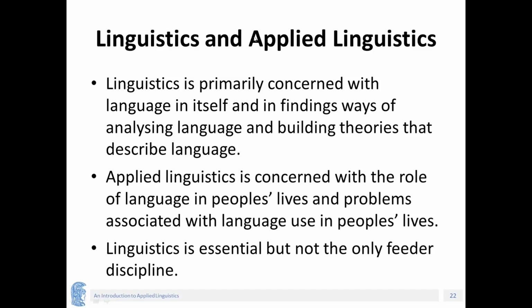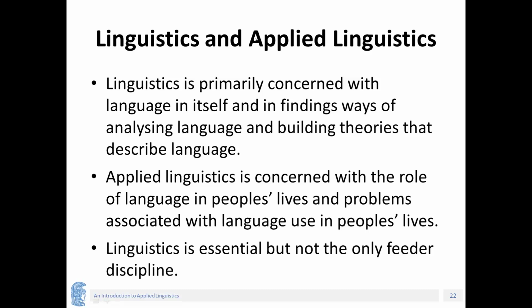So linguistics means language concerned with itself, finding ways of analyzing language and building theories. Applied linguistics is concerned with the role of language in people's lives and problems associated with language use in people's lives. So you should have a very clear idea about linguistics and applied linguistics.